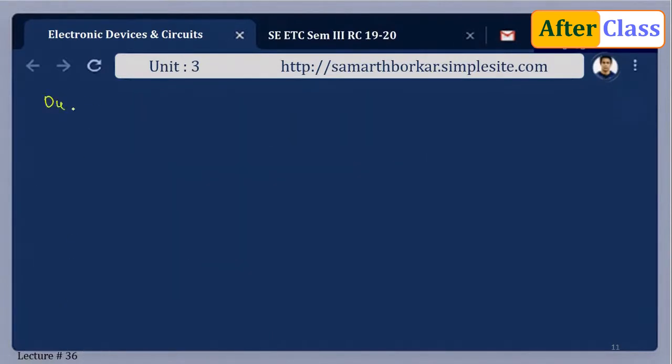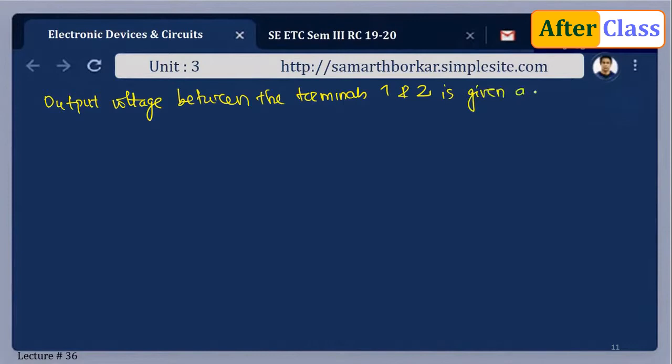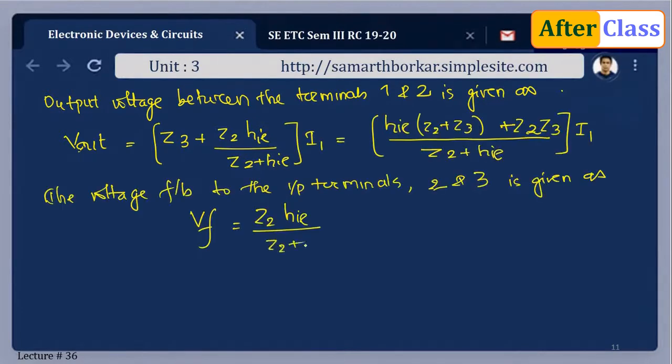So the output voltage between the terminals 1 and 2 is given as V out equals (Z3 plus Z2 into hIE) upon (Z2 plus hIE) into I1.